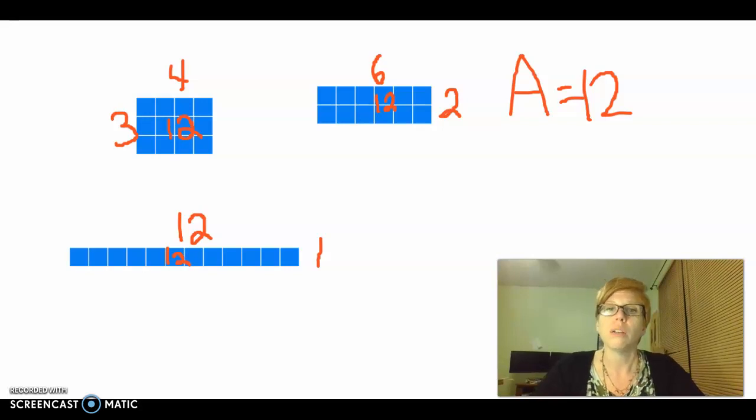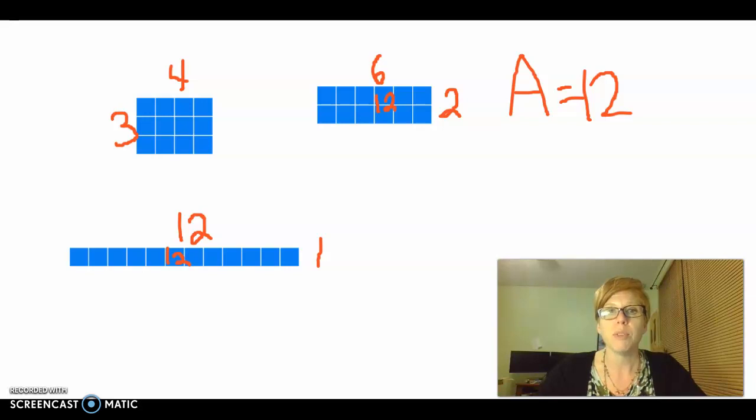When you are finding the area of a shape, you are essentially creating an array. You might not always see the squares inside the shape, but that's what it represents. Let me erase the 12 right here.